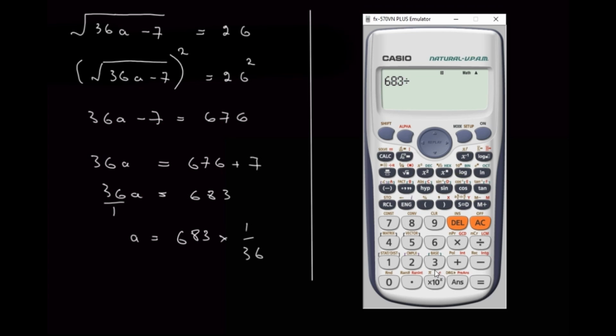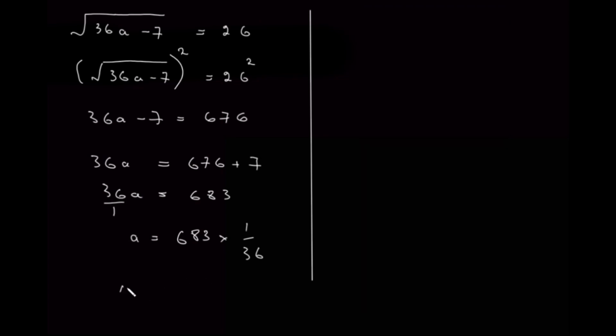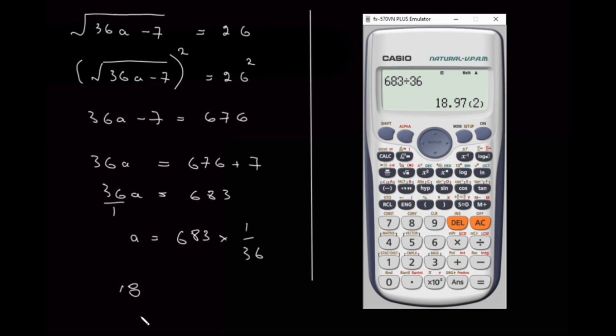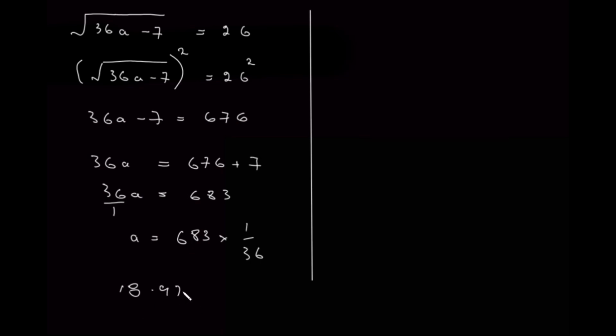Divide that by 36 and we get that as a fraction. 683 probably means it doesn't divide very well, and as a decimal that becomes 18.97, and my calculator, when it does what it did, means 2, 2, 2, and they go on forever.